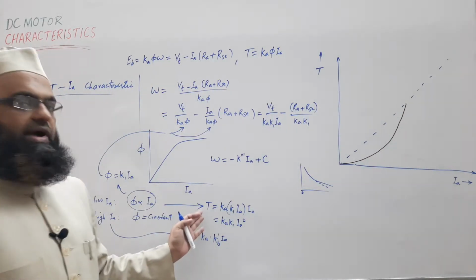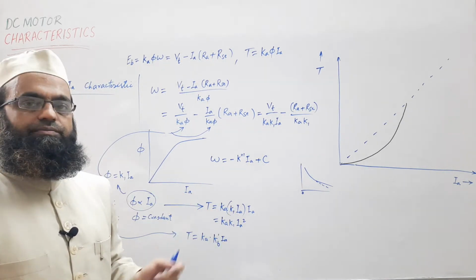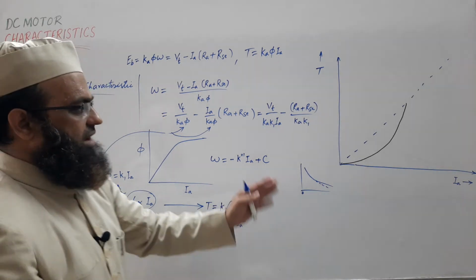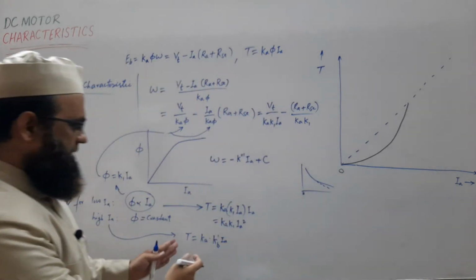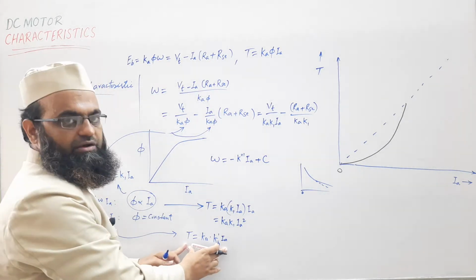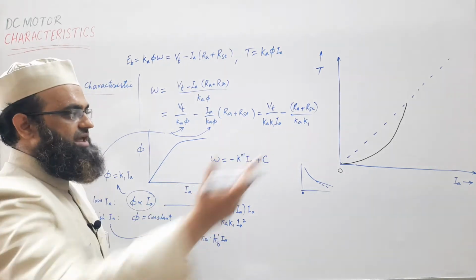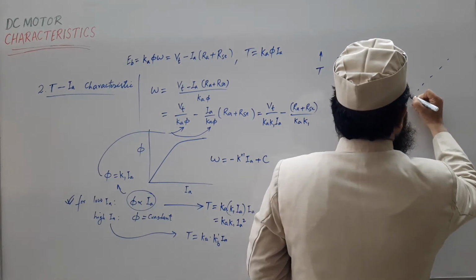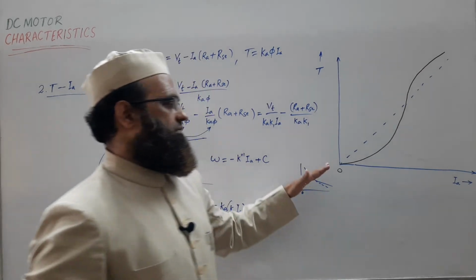We know that y equal to k x square will be like this. Then for the higher value, the nature will be a straight line, some constant times Ia, linearly varying. So don't make any corner, otherwise the first derivative will not be defined. So it will be like this.